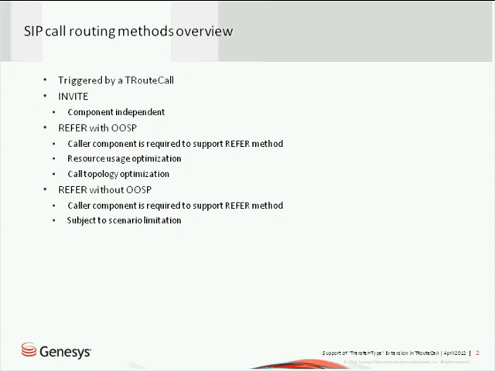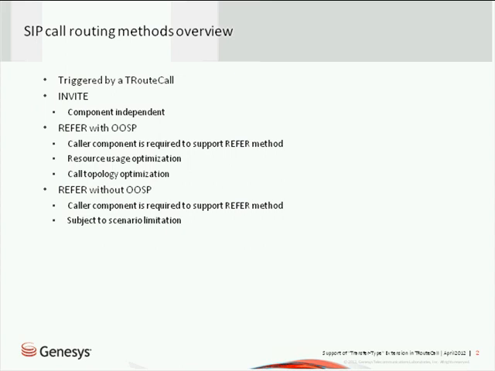The refer method with getting out of the signaling path is the opposite of invite, meaning that all participants must support this refer method. Even a few years ago, when SIP wasn't so mature, many SIP entities were not able to handle the refer method, even though it's clearly described in RFCs.